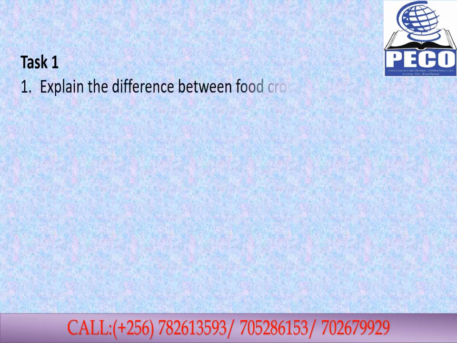So we are going to have our first task. When we talk about tasks, these are aspects you look at later after going through the work that has been explained. Number 1 is saying, explain the difference between food crops and cash crops.